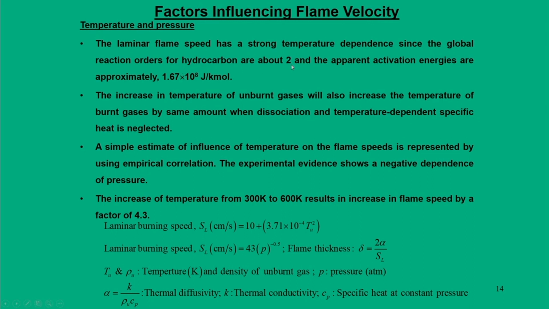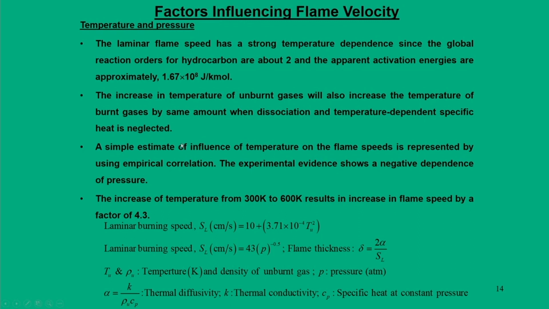So, it is a kind of second order reaction, for which the activation energy is quite high. It is about 1.7 times 10 to the power 8 joule per kilomole. And the increase of temperature of burnt gases also increases the temperature of unburnt gases by the same amount when dissociation and temperature dependent specific heats are neglected.